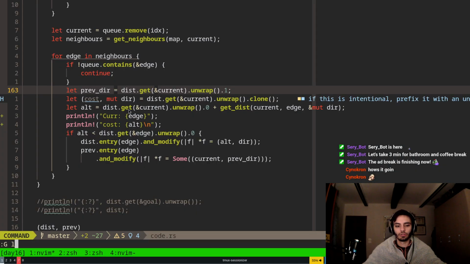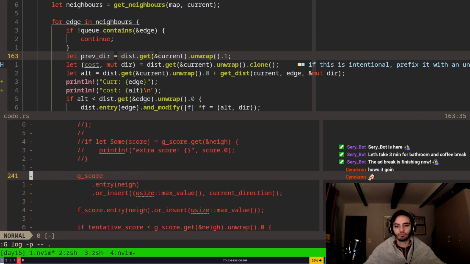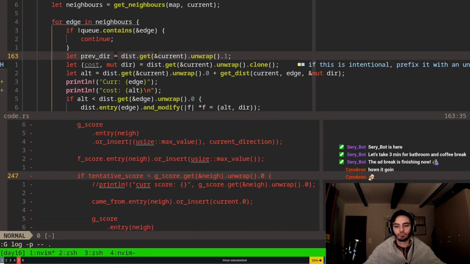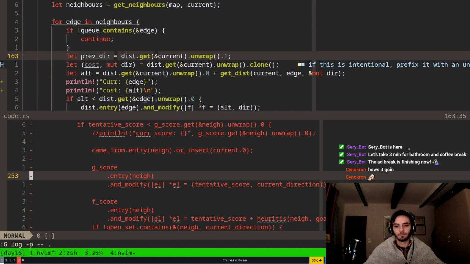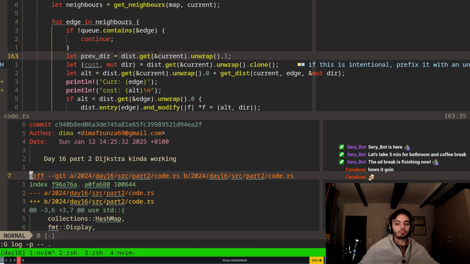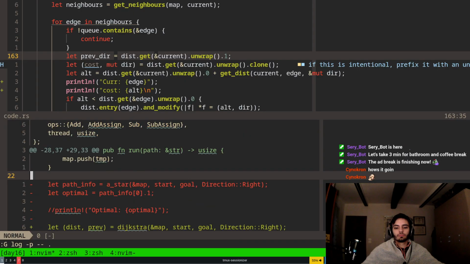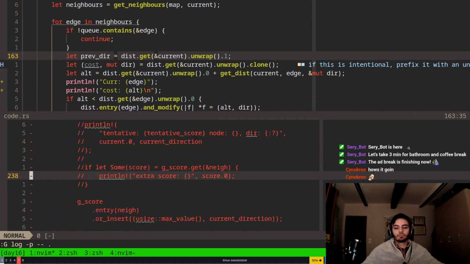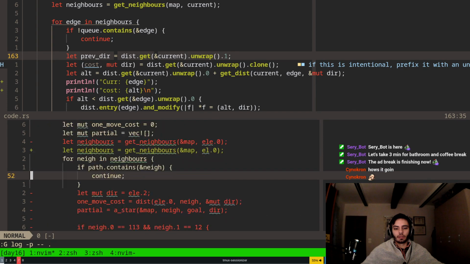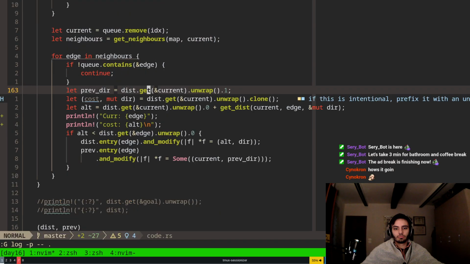So git log minus p, dot. Can I even enter this commit? Okay, I can always get back to that point.